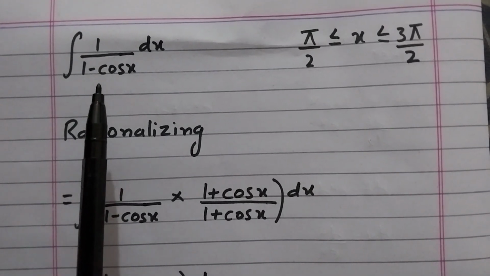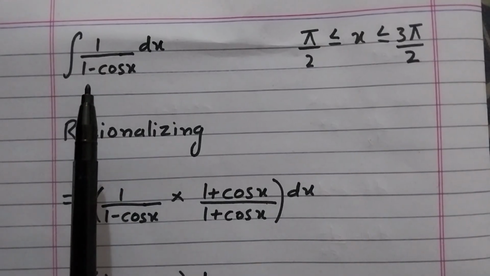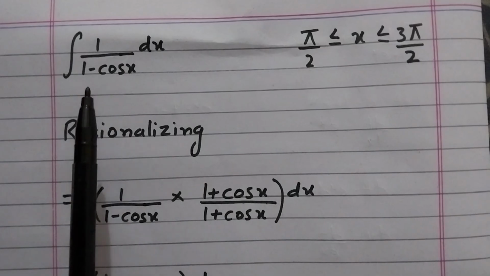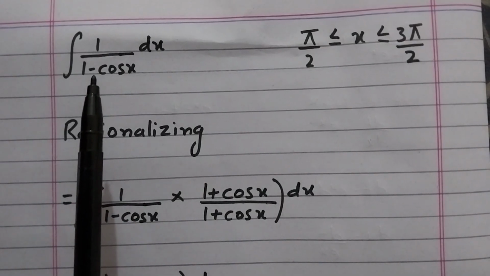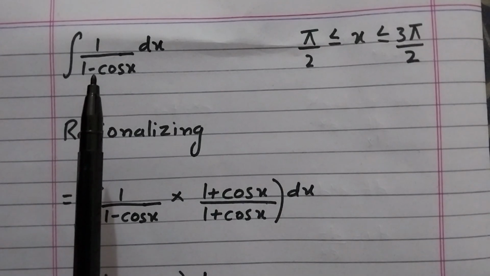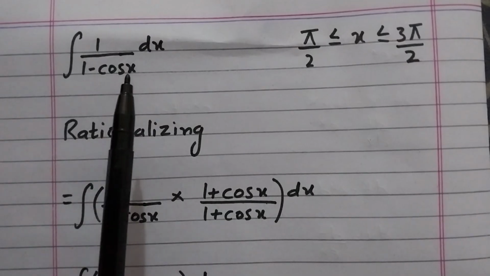It means that we multiply the fraction with the conjugate of this expression, meaning we change the sign of the second term. If it was plus, we multiply and divide by minus, and in this case it is minus, so we will multiply and divide by 1 plus cos x.